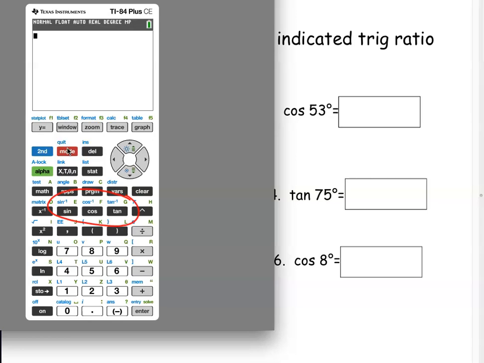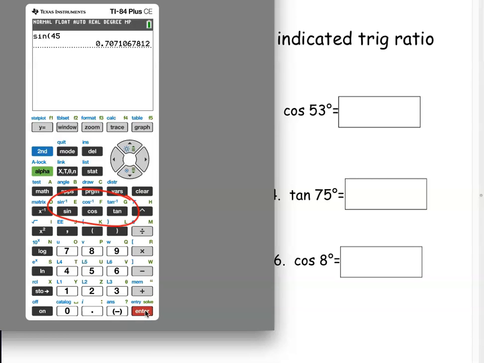So the first question they were asking was, what is the sine of 45 degrees? So we would just type our sine key and then 45. We've told the calculator we're entering a number in degrees, so it knows that. We don't need a degree symbol, and we can just hit enter.